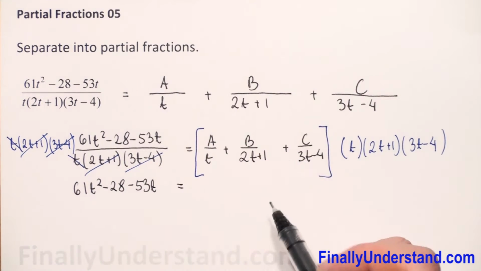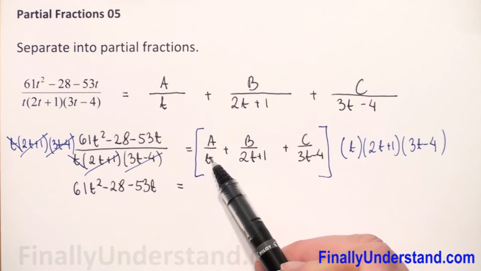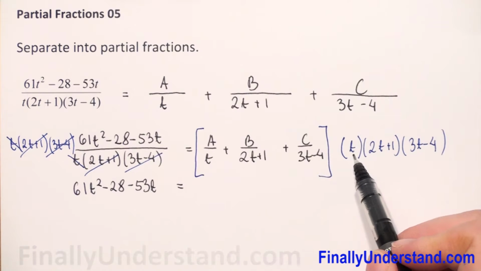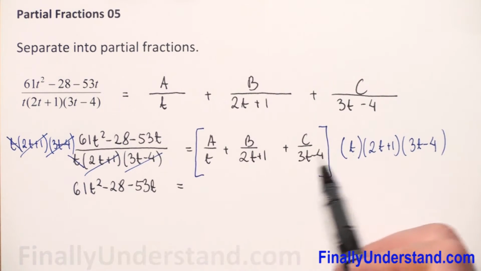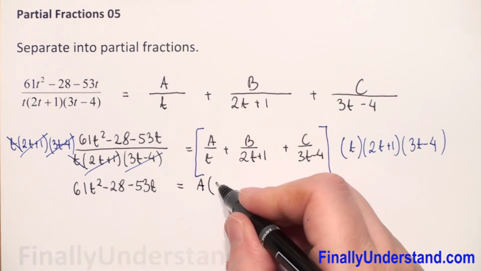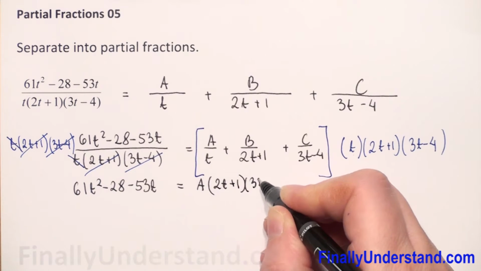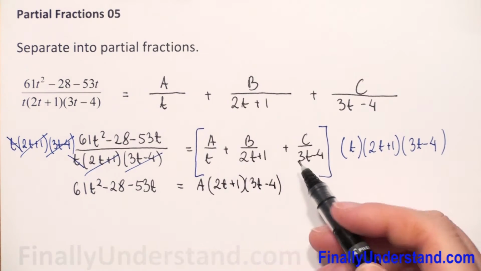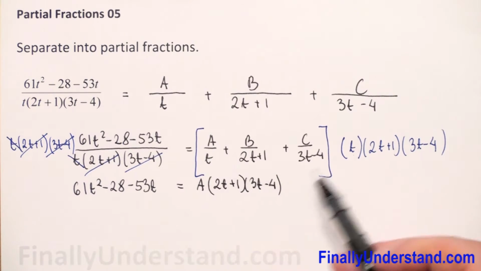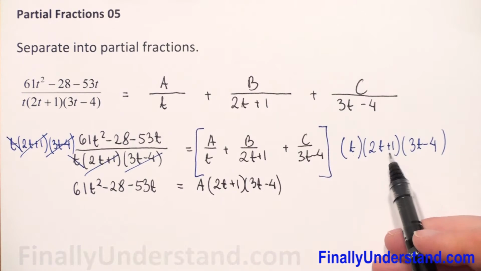This is equal, and now every fraction we need to multiply by this whole expression. When we multiply the first fraction by this whole expression, we see that t's we can reduce. So we will have only A times 2t plus 1 times 3t minus 4. Now, when the second fraction is multiplied by this whole expression, we see that 2t plus 1 will reduce with 2t plus 1.